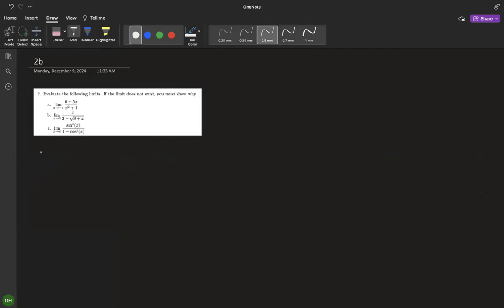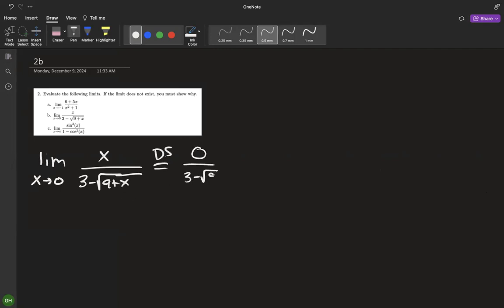For the second one, let's do the limit as x goes to 0 of x over 3 minus square root of 9 plus x. Direct substitution gives me 0 divided by 3 minus root 9. Root 9 is 3. This is 0 over 0. We can never leave our answer as 0 over 0. That's indeterminate. That means there's more work to be done.